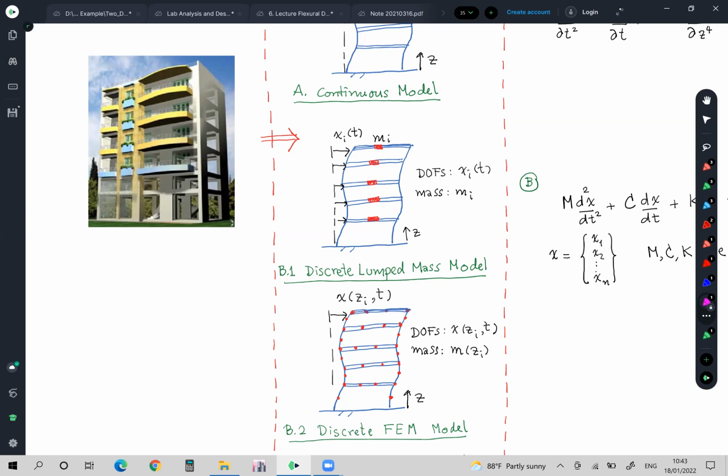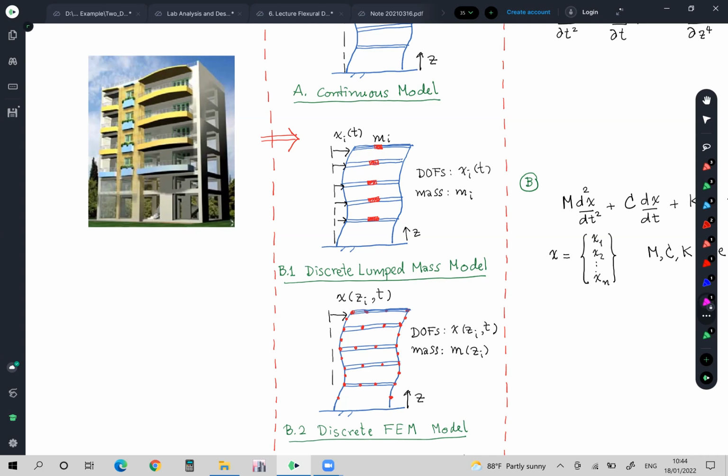Okay. And sometimes some engineers would like to approximate, with a certain degree of approximation, and reduce the number of X, the number of unknowns, to get the matrix to be smaller so that they can solve the system more easily.